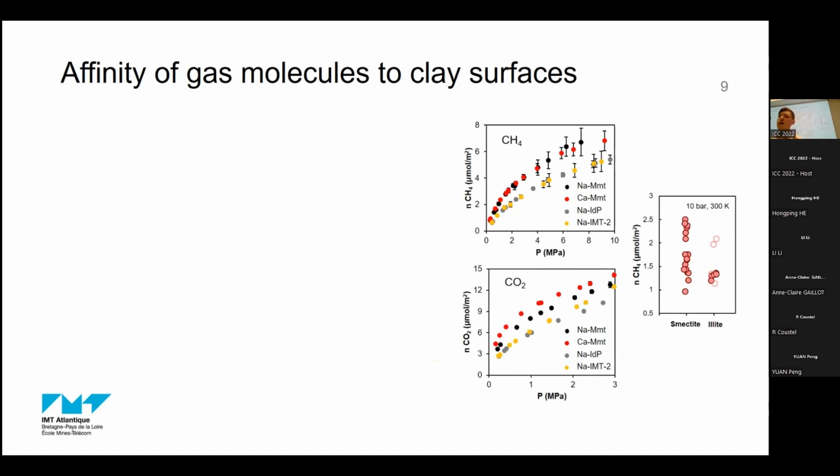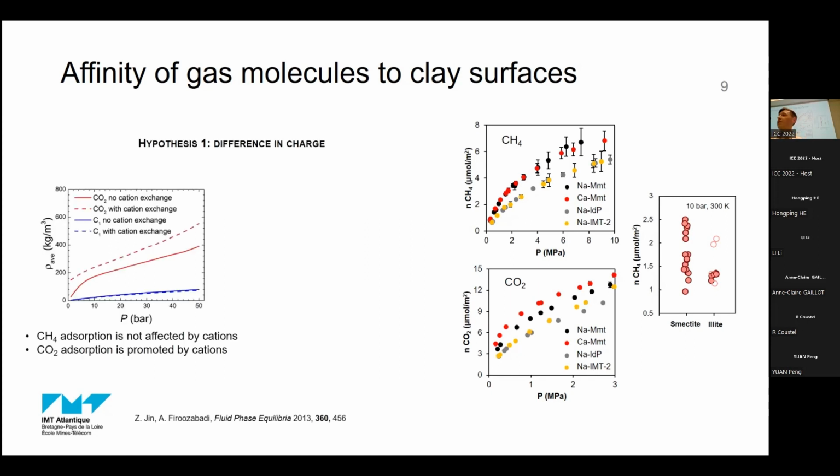So to explain this behavior, we tried to rely on the structural difference between clays, so mainly the charge. According to the literature, from atomistic simulations, we know that if we compare a pyrophyllite surface without cations with a montmorillonite surface, which contains some cations, there is no difference for methane adsorption, but in case of CO2, cations do promote the adsorption of this gas.